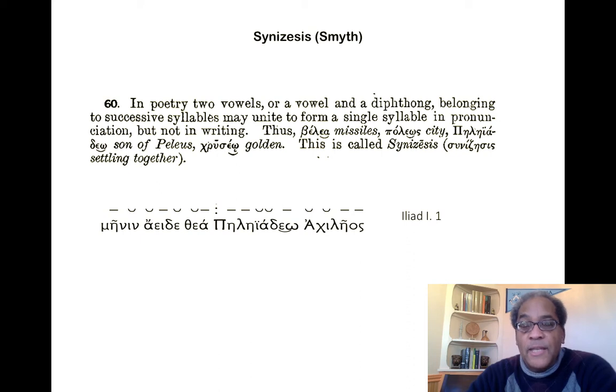We see this even in the first line of the Iliad: mēnin aeide thea Pēlēiadeō Achilēos. So Pēlēiadeō settles together to be a single long syllable.